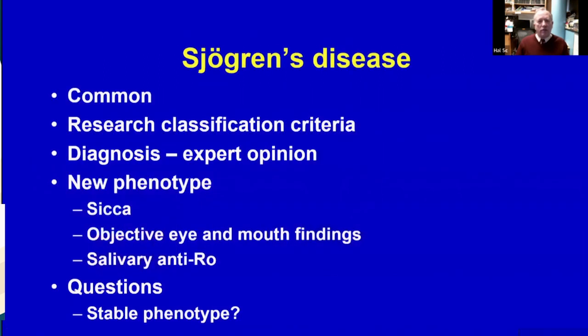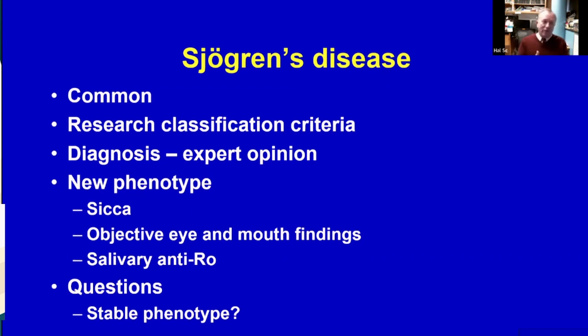So we think we've identified a new phenotype of the disease, that patients that have Sicca, they have objective eye and mouth findings, they have extrasalivary gland manifestations, and they have salivary anti-Ro.